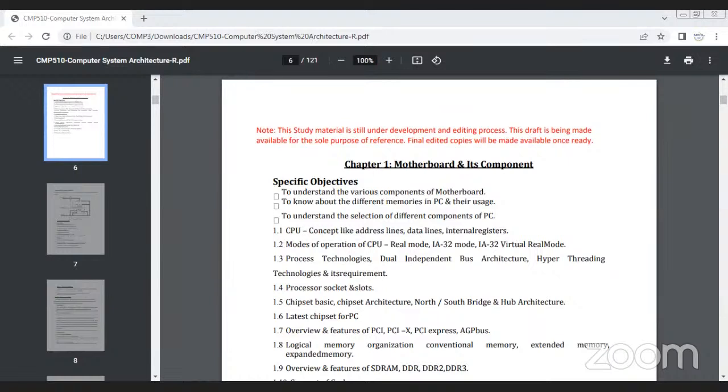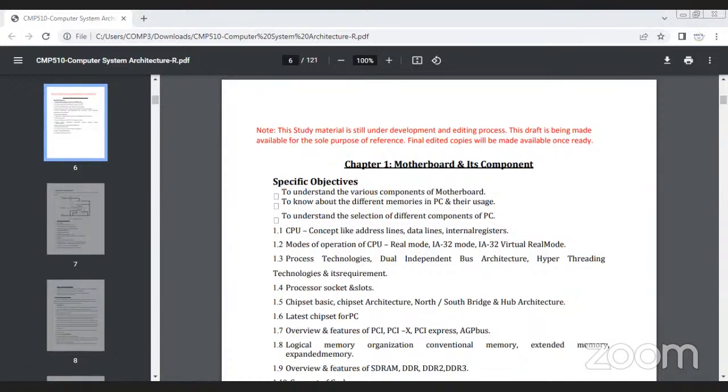What is a motherboard? A motherboard is a circuit board that is used to connect the different devices of the computer. The main components of the motherboard are keyboard, mouse, USB port, parallel port, CPU chip, RAM slots, floppy controller, IDE controller, PCI slots, ISA slots, CMOS battery, AGP slot, CPU slot, and power supply slot. So these are the main basic components of the motherboard.